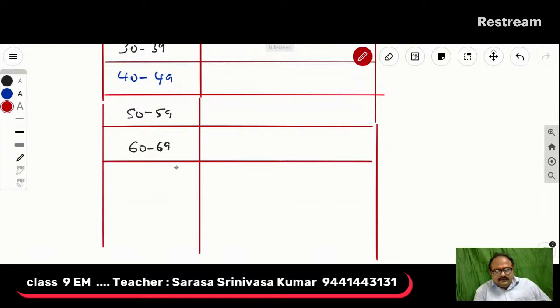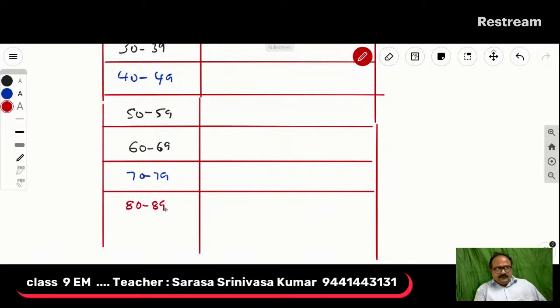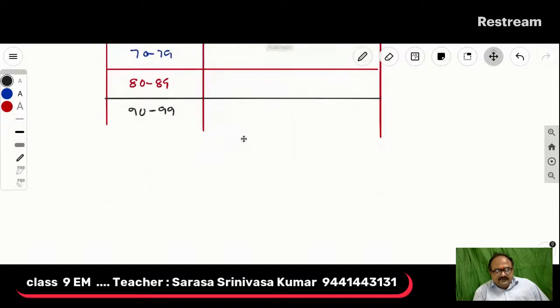Next 70 to 79, and the next class interval is 80 to 89, and the next class interval is 90 to 99. Next class interval is 100 to 109.